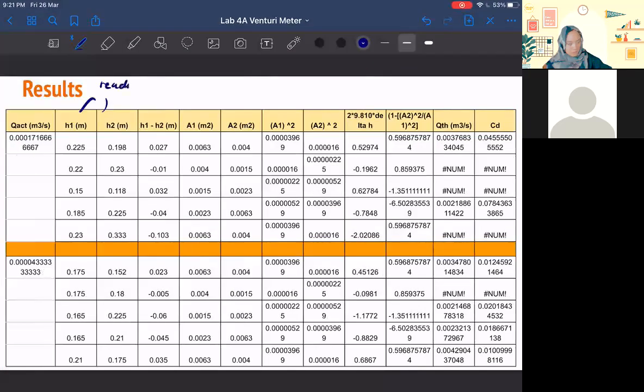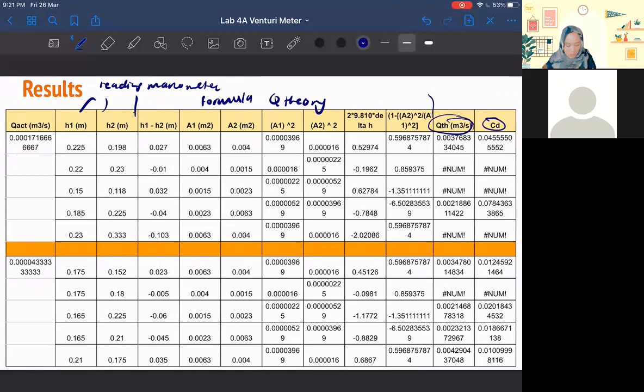And then these columns are where the formula is used to get Q theory. And then this one is the Q theory, and this one is the discharge coefficient.